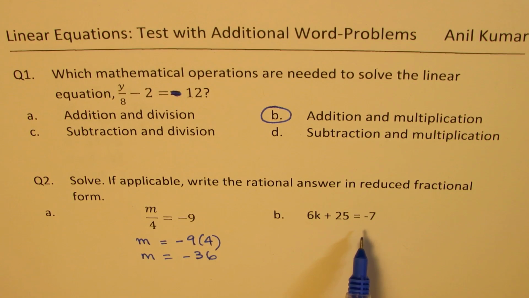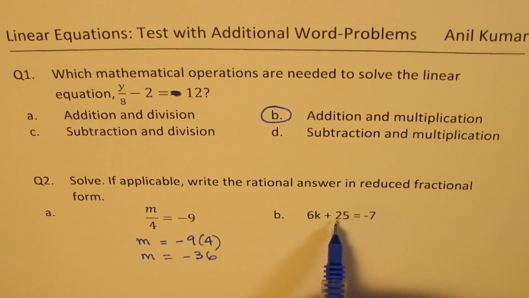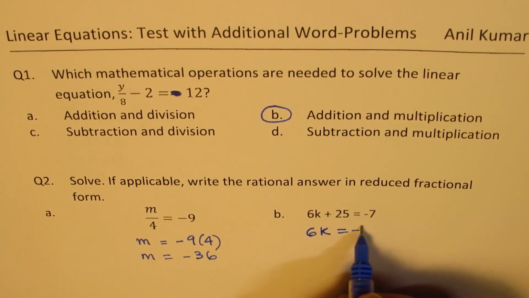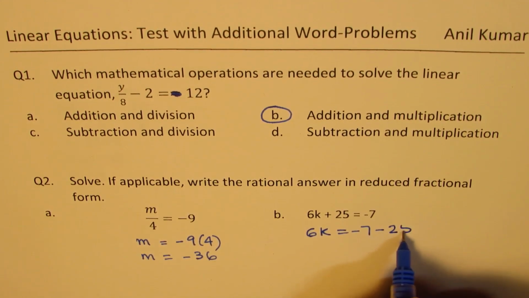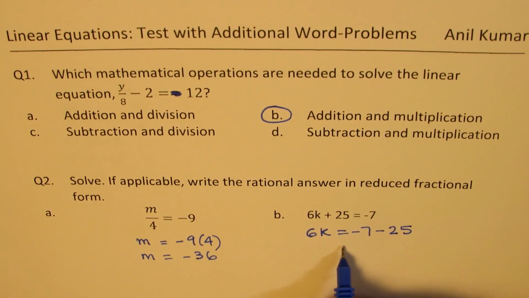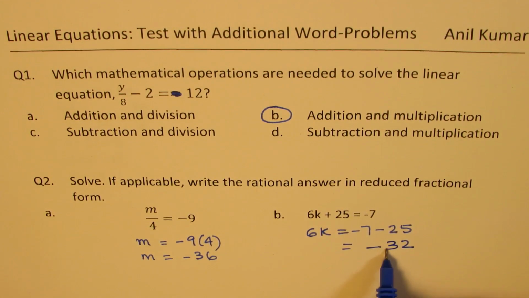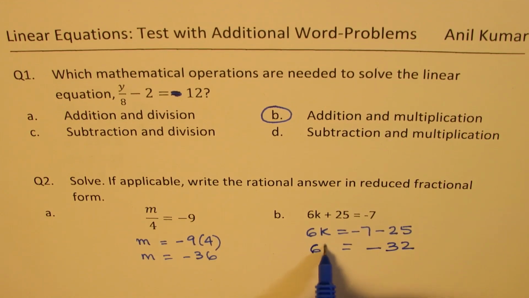For the second equation, which is 6k plus 25 equals minus 7, we'll take away 25 first. So we get 6k equals minus 7 minus 25, which is equal to minus 32. So we get minus 32 for 6k.